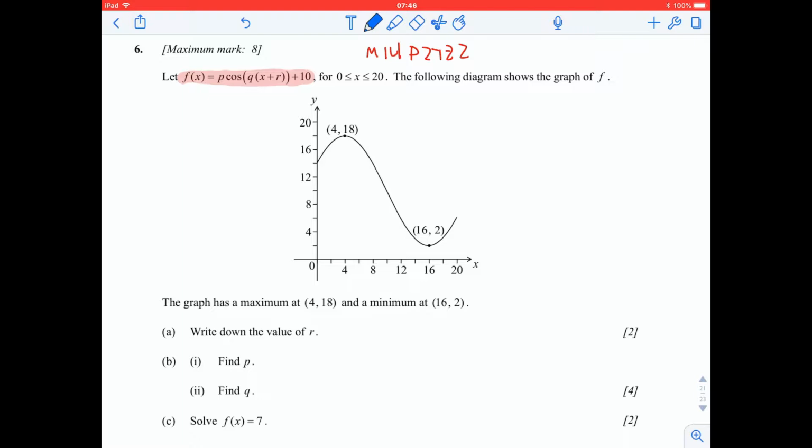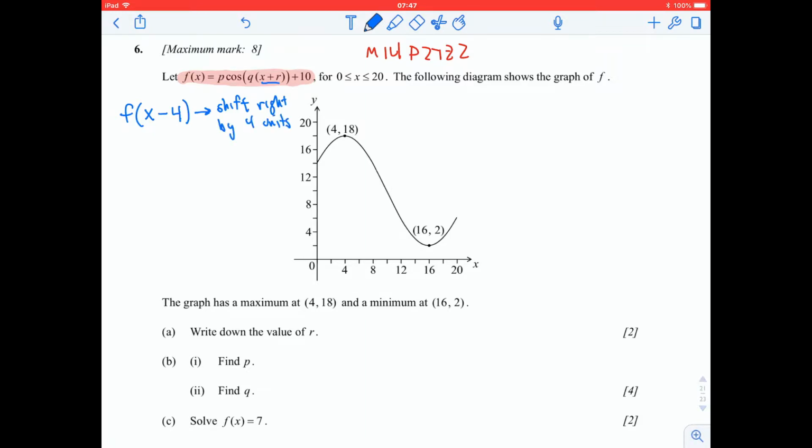First thing to notice, it asks us to find the value of R. So this is a value inside the function. You might recall that when we're talking about transformations, when we have a shift of 4 units like this, f of x minus 4, this corresponds to a shift right by 4 units.